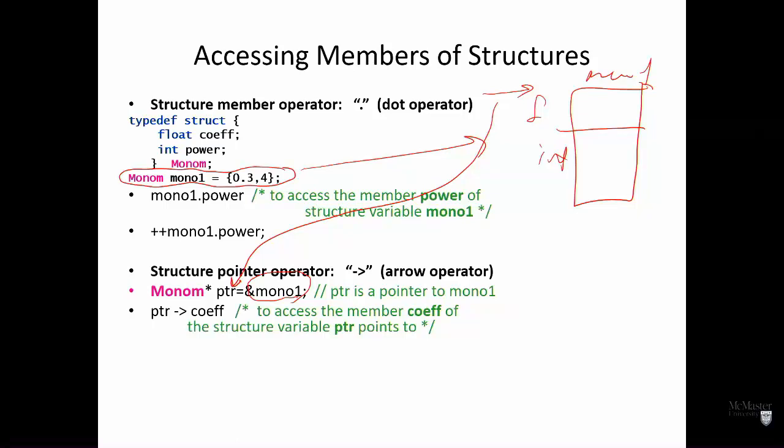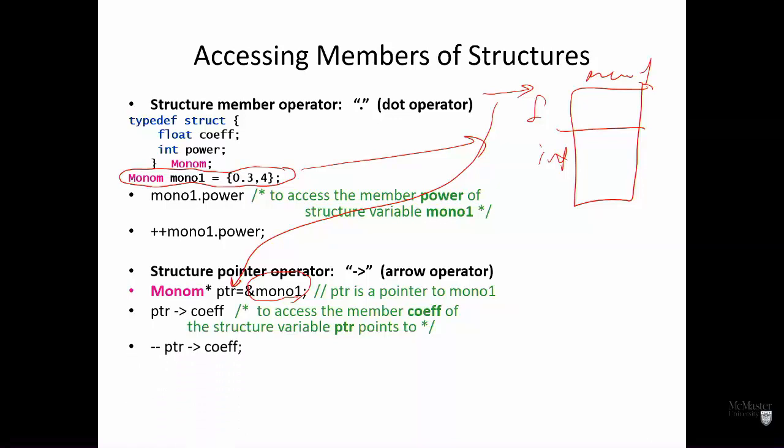Use the arrow if you are accessing the structure through a pointer. So here, PTR is pointing to this. I want to access PTR coefficient, which is my float, so you use this pointer operator. As you can see, this is completely equivalent to saying mono1 dot coefficient. Both give you the same thing. Is there any question?